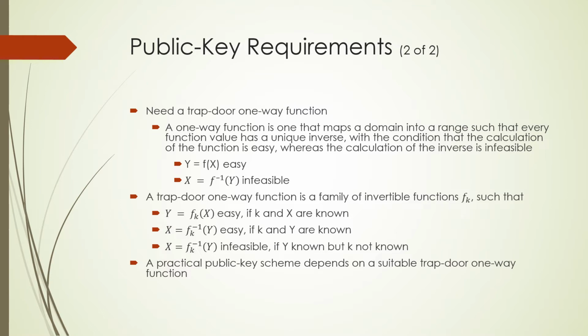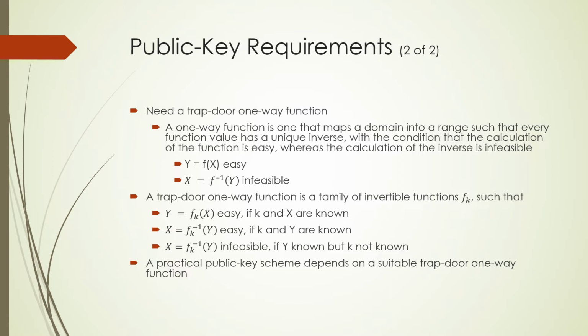A one-way function is one that maps a domain into a range such that every function value has a unique inverse, with the condition that calculation of the function is easy, whereas the calculation of the inverse is infeasible.